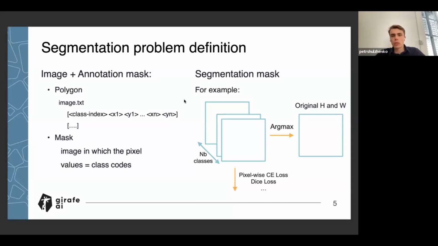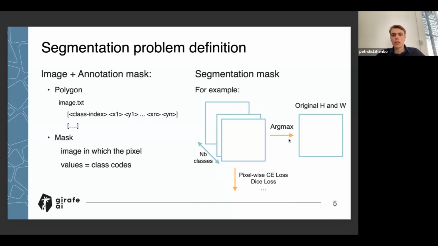And the output of the model, it's not the only way to do this, but I think it's the most logical one. In the end, you have an output layer with the number of channels that corresponds to the number of classes.